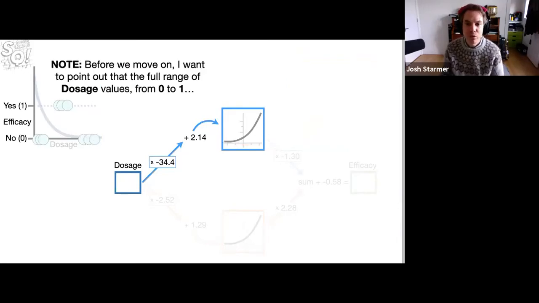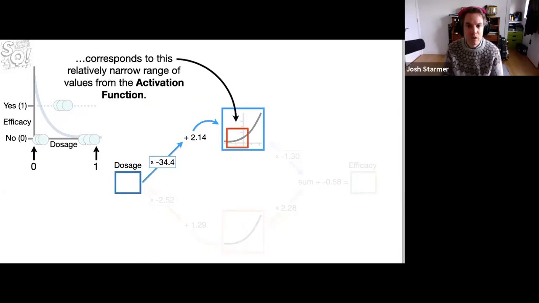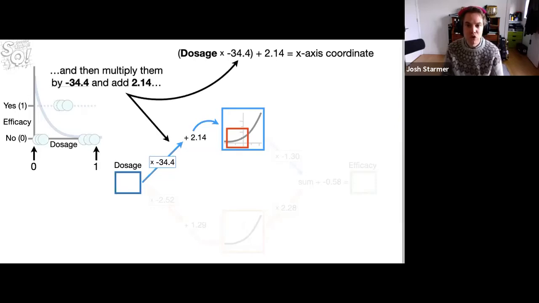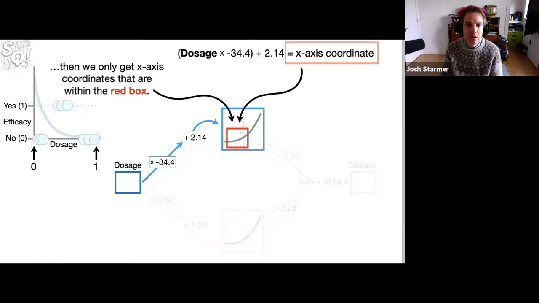Note, before we move on, I want to point out that the full range of dosage values from 0 to 1 corresponds to this relatively narrow range of values from the activation function. In other words, when we plug dosage values from 0 to 1 into the neural network and then multiply them by negative 34.4 and add 2.14, then we only get x-axis coordinates that are within the red box.